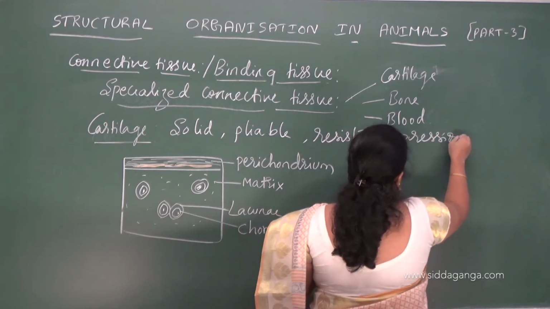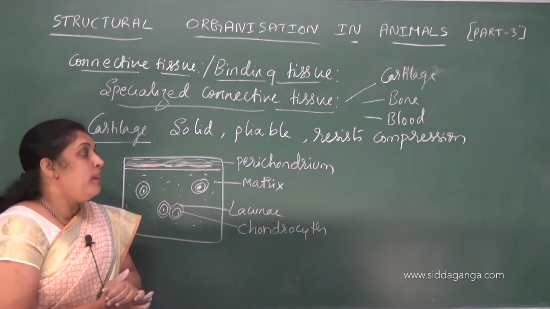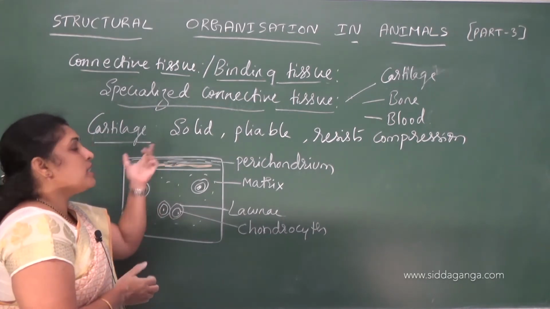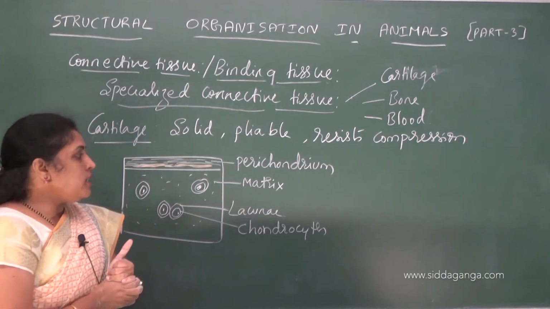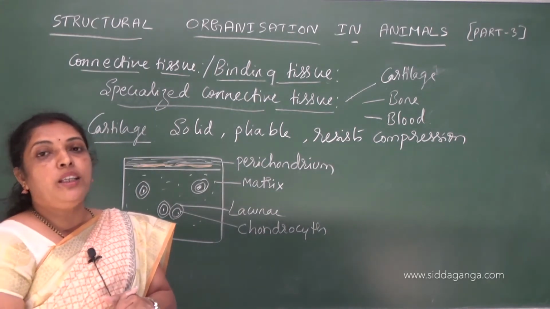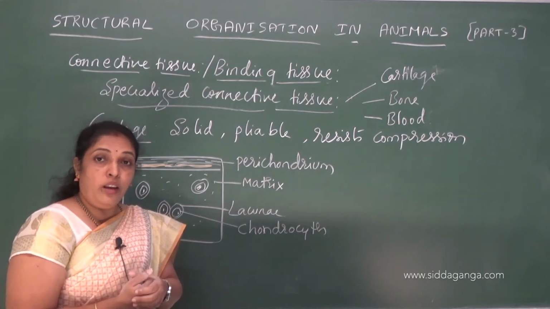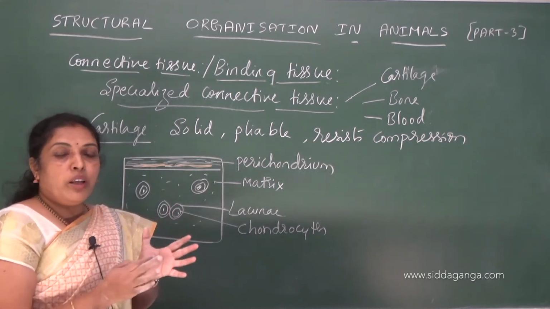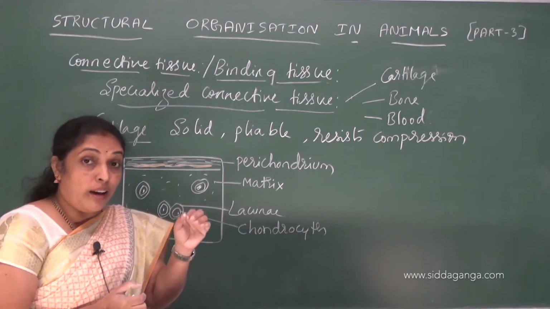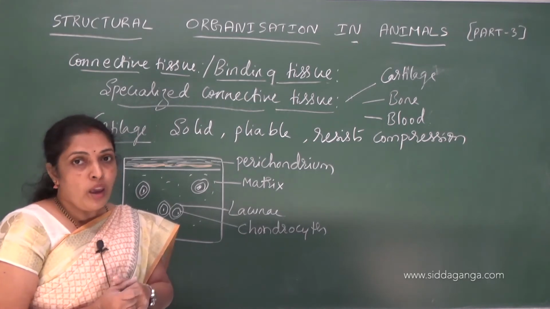This cartilage is mainly seen in the vertebrate embryo and is slowly replaced by bone in adults. In a vertebrate embryo the skeletal system is made up of cartilage, that too hyaline cartilage. After that the cartilage is slowly replaced by bones.